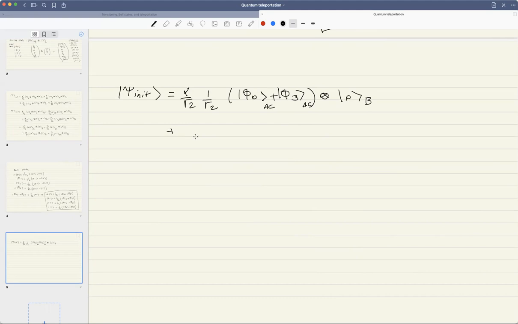Then the next term is going to be beta over square root 2. Now I have 0, 1 of AC. So 0, 1 of AC is 1 over square root 2 phi 1 plus phi 2, both for qubits A and C. And that's multiplied as a tensor product with 0 of B again.